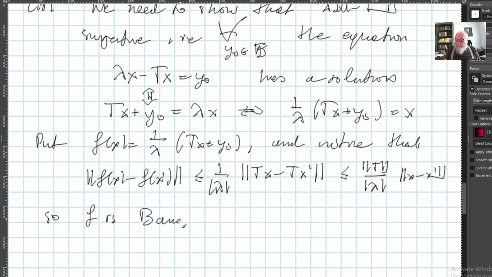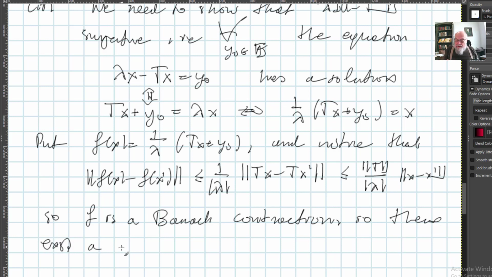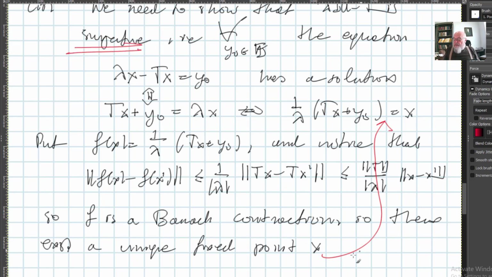So f is a Banach contraction. So there exists a unique fixed point x, and that means in particular we solve this equation, which means T is surjective. So we're done.